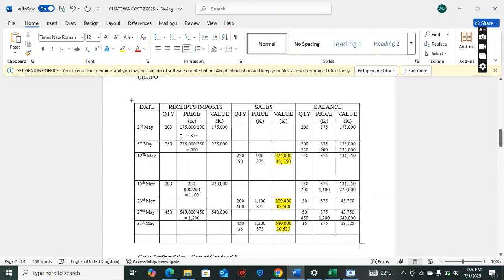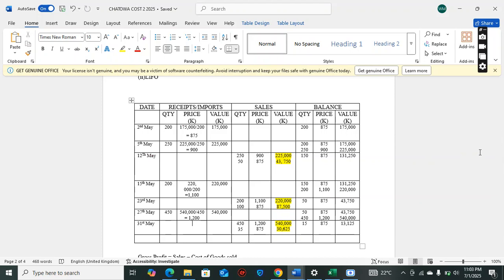At first, we paid 875, then 900, then 1,100, and 1,200. Because these inventory valuation methods are different, under FIFO the latest goods coming into the store have been expensive.